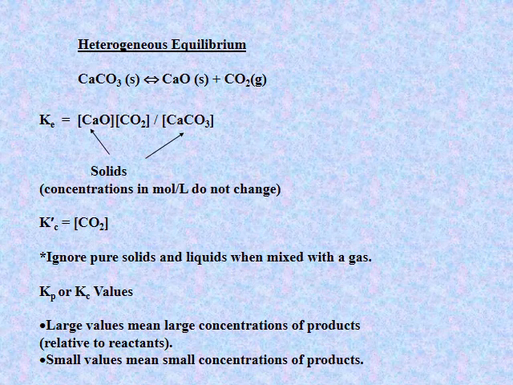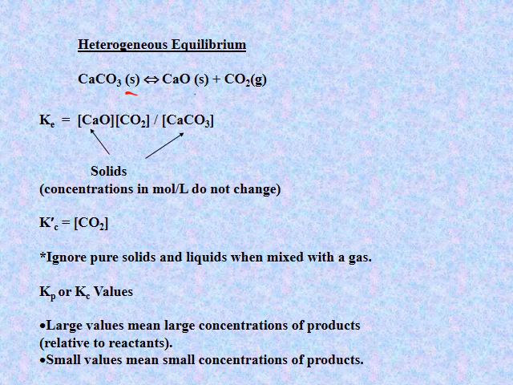Now here you see one heterogeneous equilibrium. What is heterogeneous? Say a solid is mixed with a gas, or a liquid is mixed with a gas, and they don't mix with each other. When they don't mix with each other, that makes it heterogeneous, and we define the equilibrium constant a little differently.